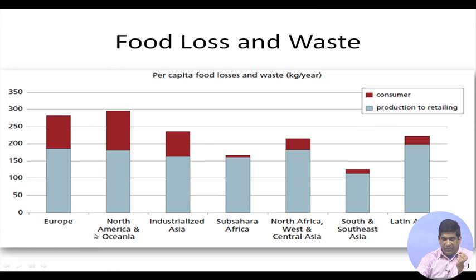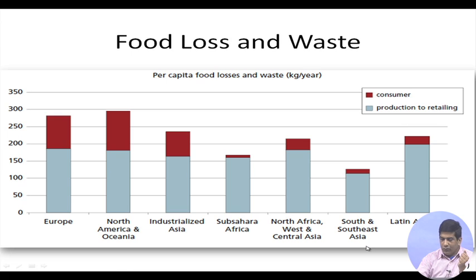In industrialized Asia, for example, you see less loss on the consumer side and more in production to retailing. In North America and Oceania, you again see a big share in production to retailing, and the consumer is wasting as well. But the proportion keeps on changing as you move from one place to another.